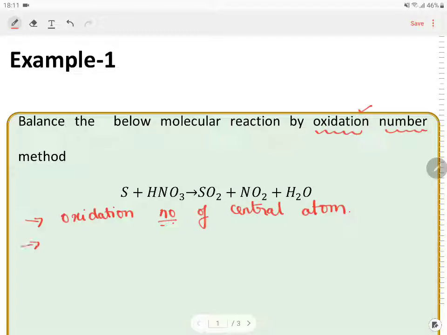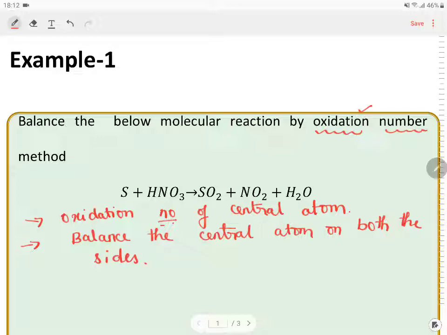Then this most of you will forget, that is balance the central atom on both the sides. Then third one, balance the number of electron.